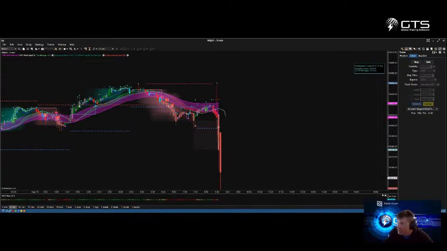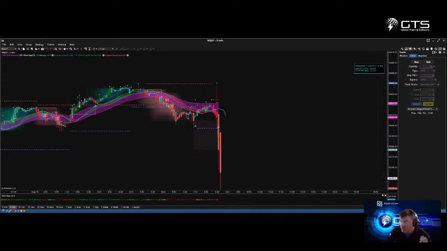From 7:30 until now, it has gone up from 65 to 71.65 to 72.59. That's a massive run. Massive run.